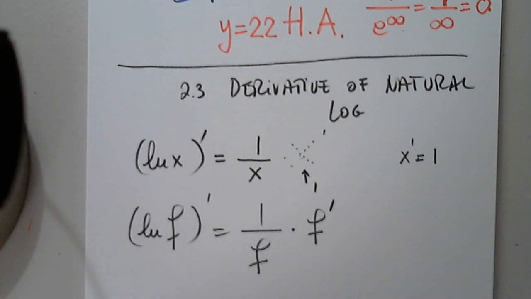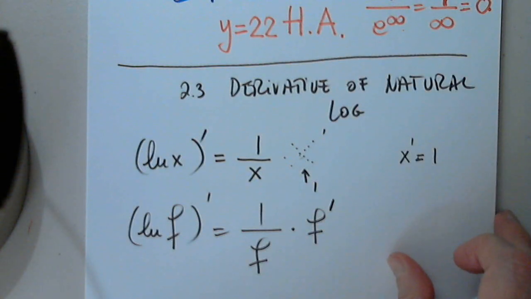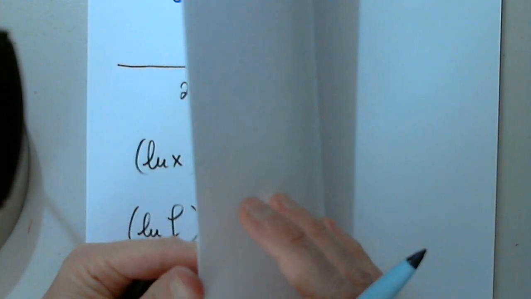So this is section 2.3. Problems start on page 216. Feel free to choose if you feel like it. Okay, I will choose, then you will choose if you'd like. I'd like to start with problem 9 on 216.